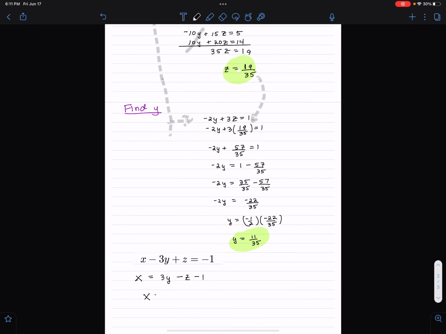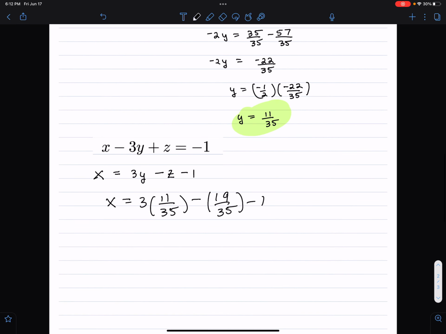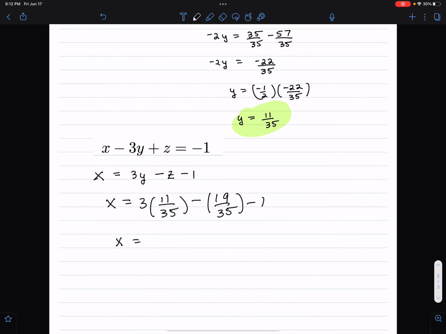So x equals 3 times 11 over 35, minus 19 over 35, minus 1. So this 3 times 11 is 33 over 35, minus 19 over 35, minus 35 over 35.